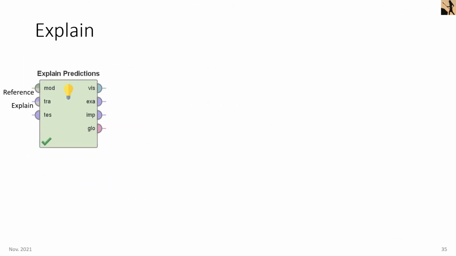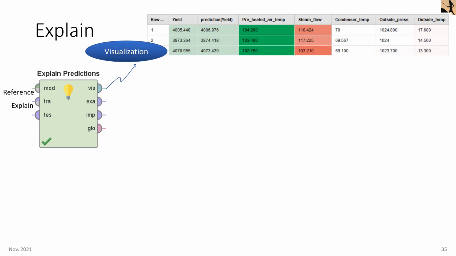First, Explain Predictions, and it has 4 outputs. The first one is what we have seen in Auto Model, the colored confidence levels, or what we call the local importance, right? This is for us to look at.